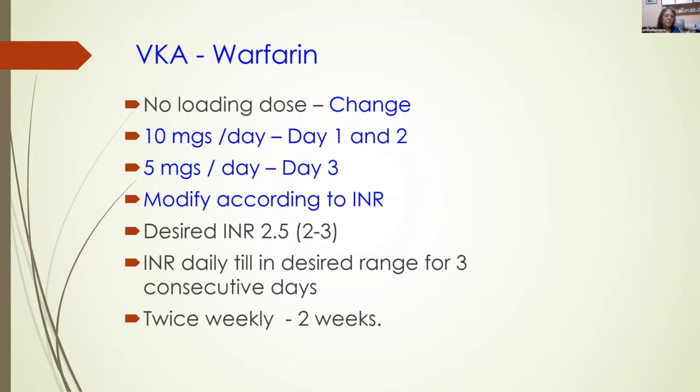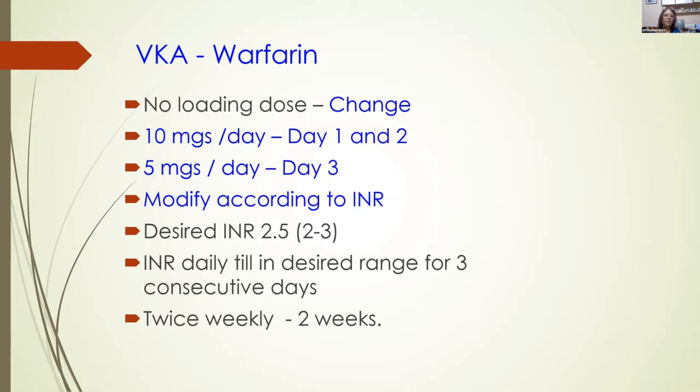By this time, we will have 3 INR PT reports, and then accordingly, the dose of warfarin is to be modified to achieve the desired INR of 2.5 with a range of 2 to 3. INR is done daily till it reaches the desired range for 3 consecutive days.